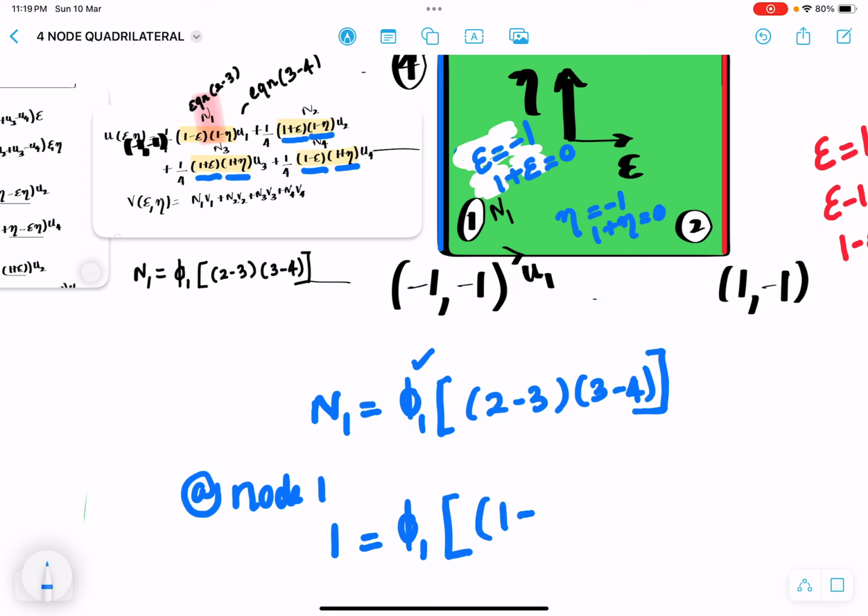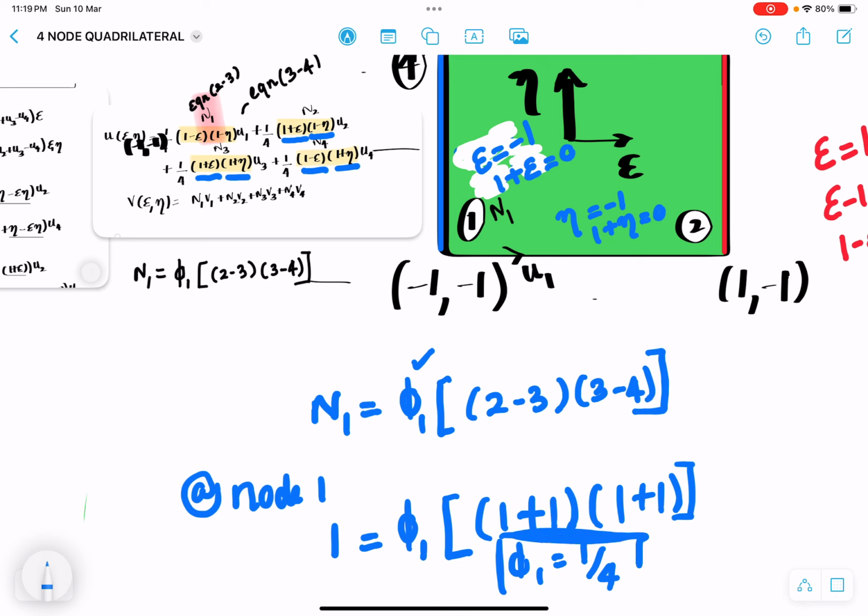So it is 1 minus, and the value of epsilon is minus 1. So minus into minus plus 1 into the equation of the line 3, 4, which is 1 minus eta. And the value of eta is minus 1. So 1 minus into minus plus, so it's plus 1. So that is it. So this renders the value of phi 1 as 1 divided by 4.